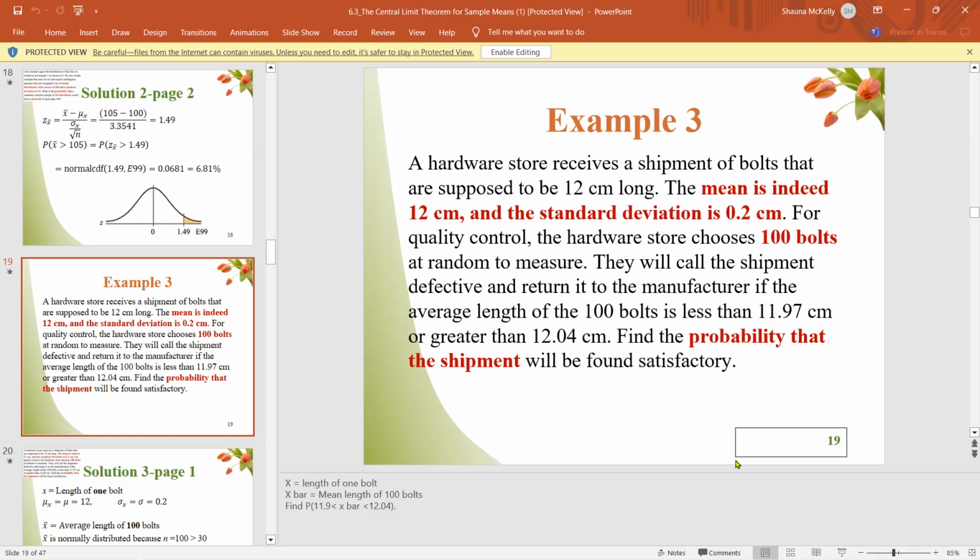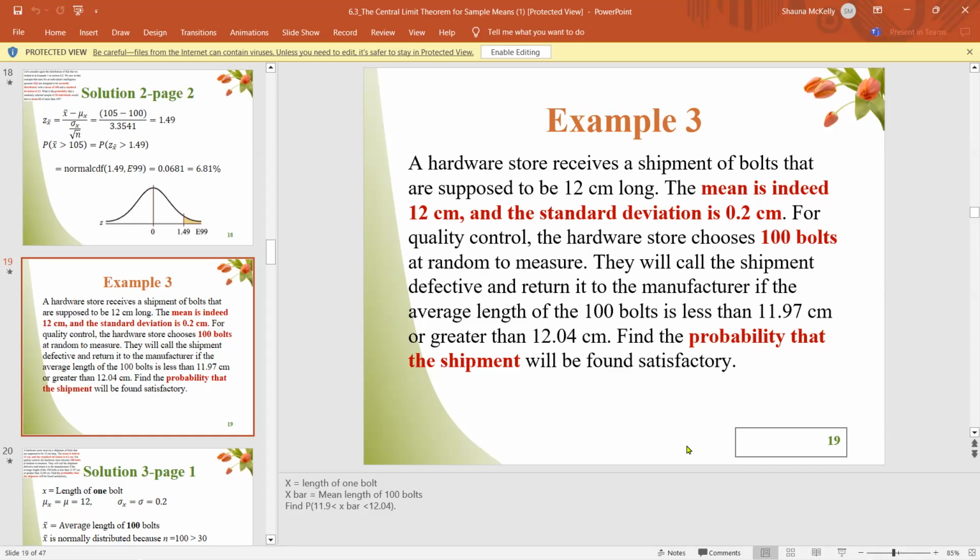For quality control, the hardware store chooses 100 bolts at random to measure. They will call the shipment defective and return it to the manufacturer if the length of the 100 bolts is less than 11.97 centimeters or greater than 12.04 centimeters. Find the probability that the shipment will be found satisfactory.